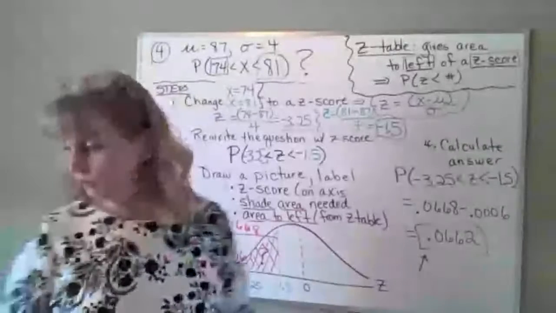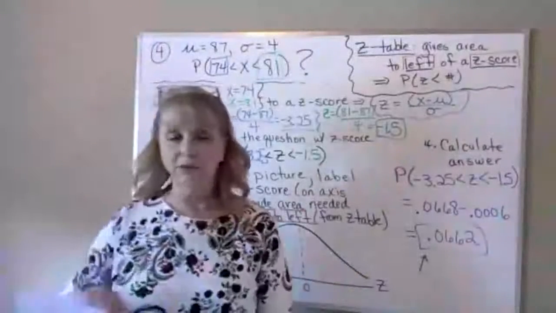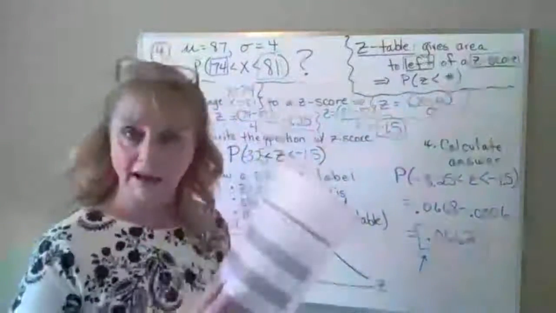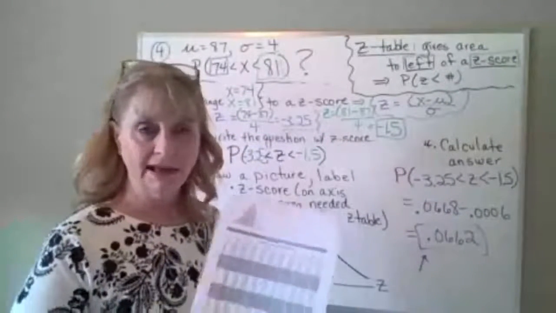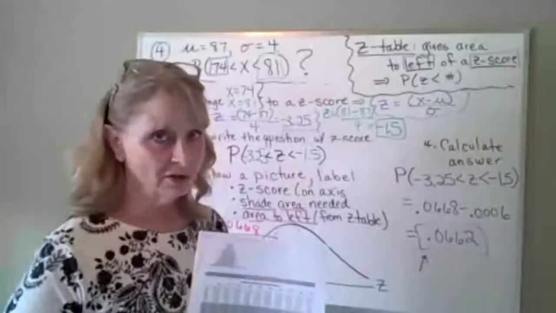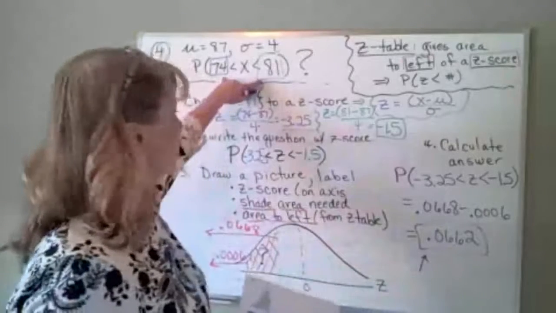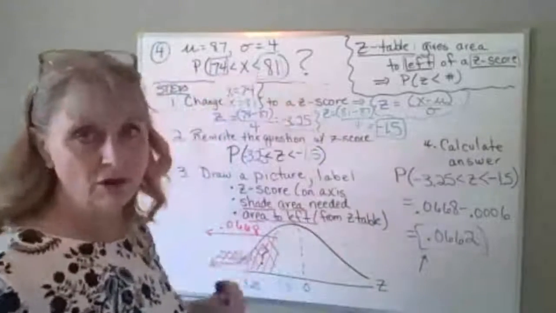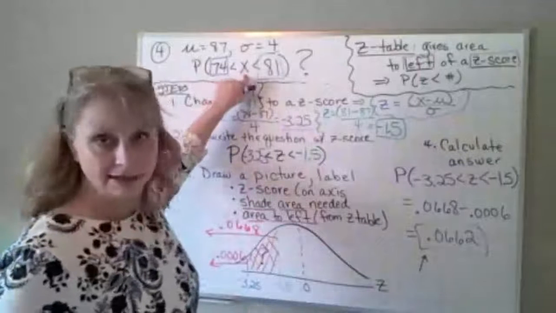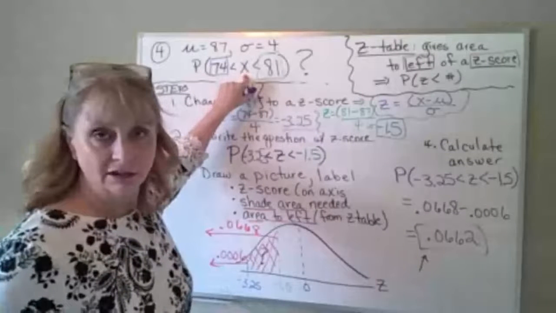Because that's what the table gives you. This table that we're allowed to use gives us areas, which are the probabilities, and it's based on z-scores. When you know the data values, and the reason you know they've given you data values is because it says X here, I'm basically just substituting them.